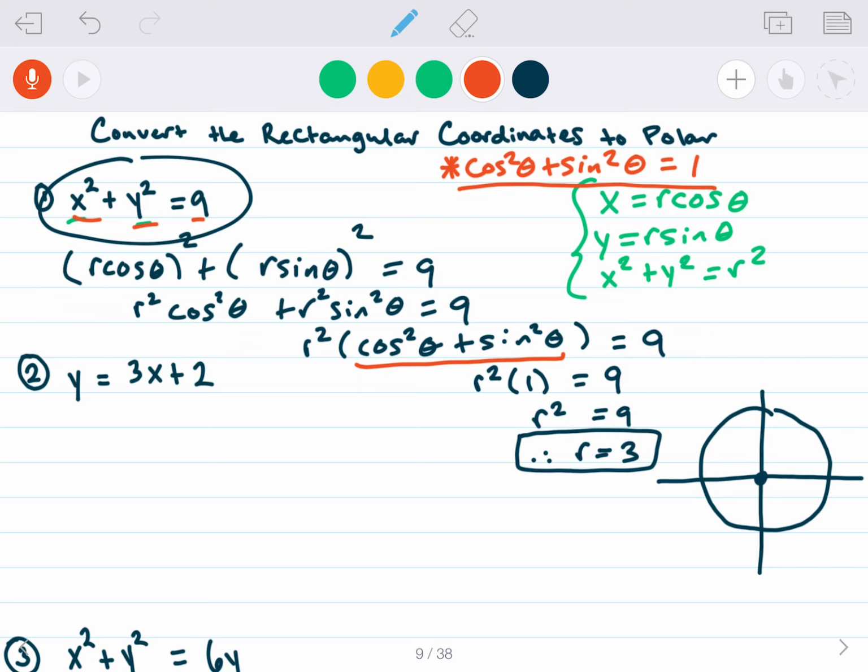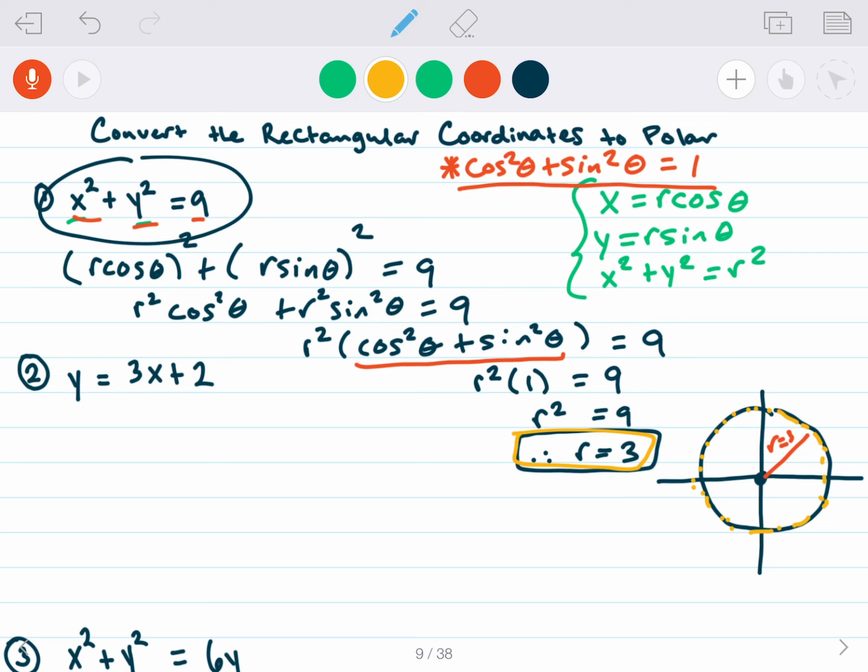This is a circle with radius 3 centered at the origin. And so the only points in our set are all of these points on the boundary of the circle. Nothing inside is included here. r equals 3 is the circle centered at the origin with a radius of 3. Okay, let's try the next one.